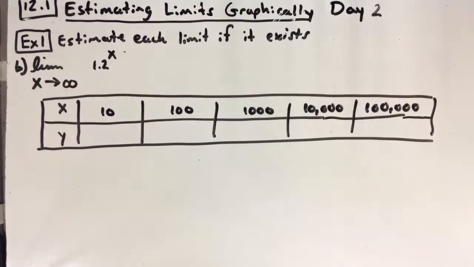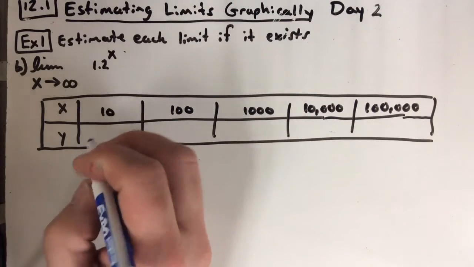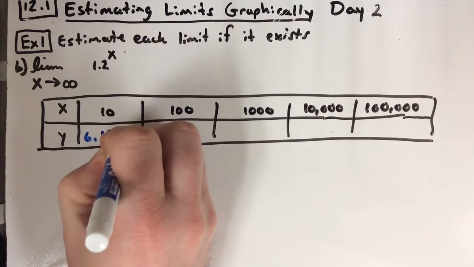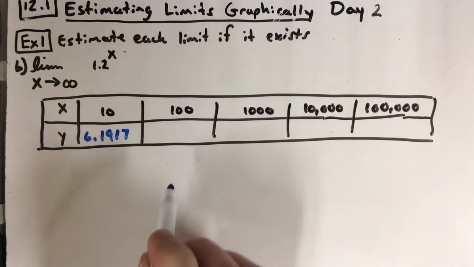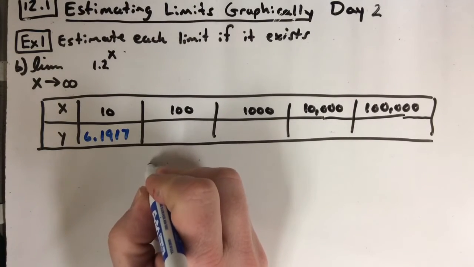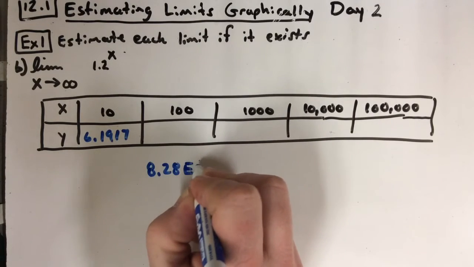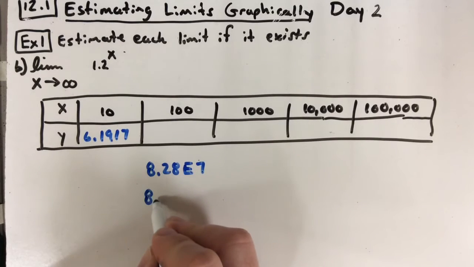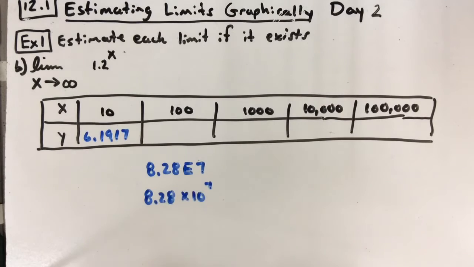So let me move some of those values from our calculator into our table. When I plug in 10, we get 6.1917, decent number. The next number ends up looking like this on our calculator. Again, it was 8.28 E7. What that means for us is this is really 8.28 times 10 to the 7th power. That's how us humans would write it.